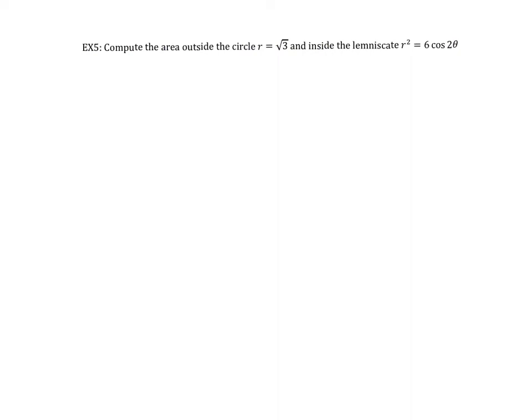In example 5, it says compute the area outside the circle r equal to the square root of 3, inside the lemniscate r squared equal to 6 cosine of 2 theta. So first of all, I'm finding an area, which tells me my integrand, or my z function, is simply equal to 1.